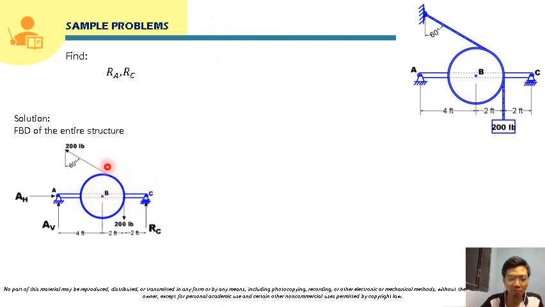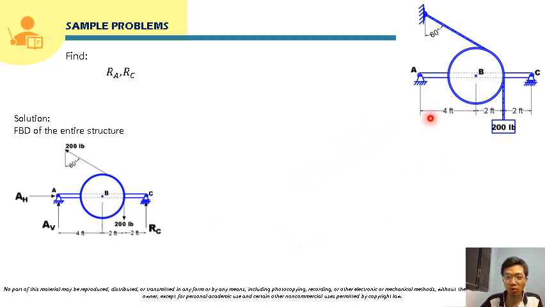And this pulley is supporting this 200-pound load. So this is the 200-pound load. We will now provide here the reaction forces. For the FBD of the entire structure, we will show here the reactions of the main supports.